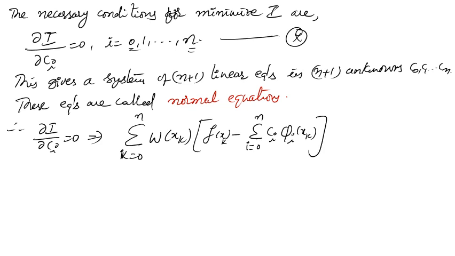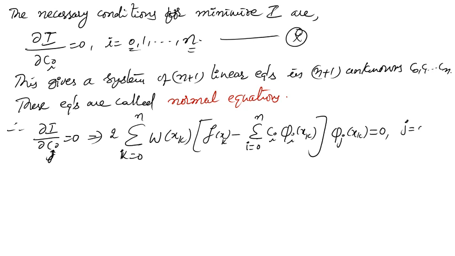Taking the derivative, this 2 comes here, into, let us take the generalization cj, so phi j of xk equal to 0.